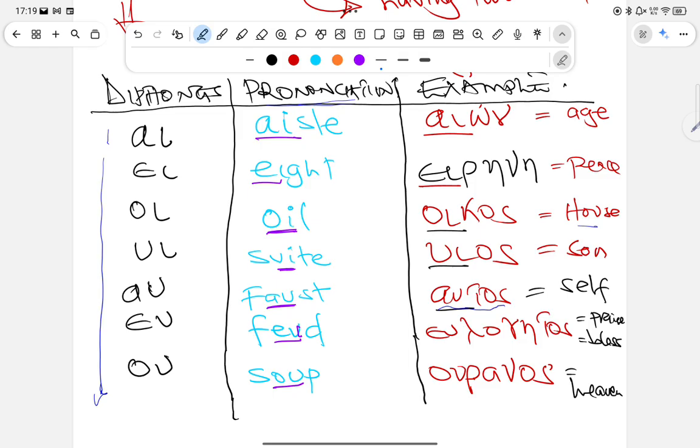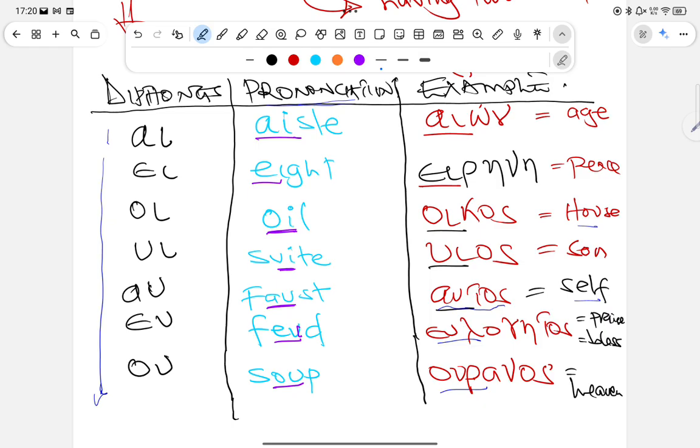Uios: upsilon, iota, omicron, sigma, uios, son. Alpha, upsilon, autos, self. Epsilon, upsilon, eulogetos. Epsilon, upsilon. And then the last, ouranos, heaven, right?